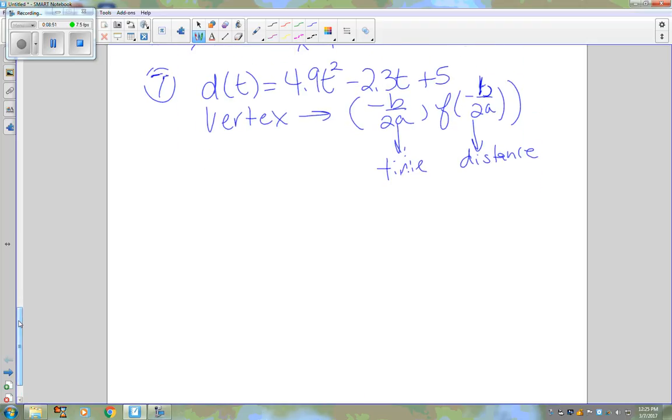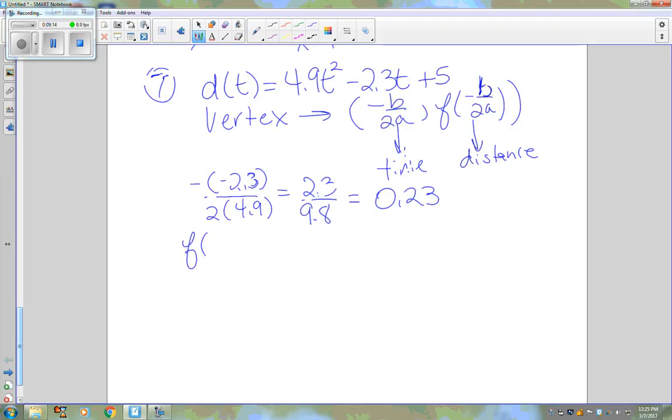Okay, so for the vertex, to find the first coordinate, -b, b is -2.3, over 2 times a, which is 4.9. That's going to be 2.3 divided by 9.8. When you calculate that, you're going to get 0.23.